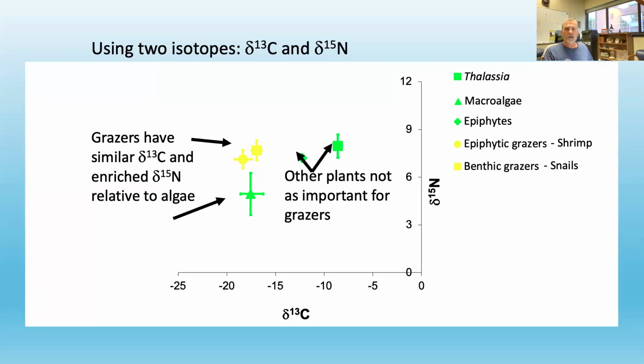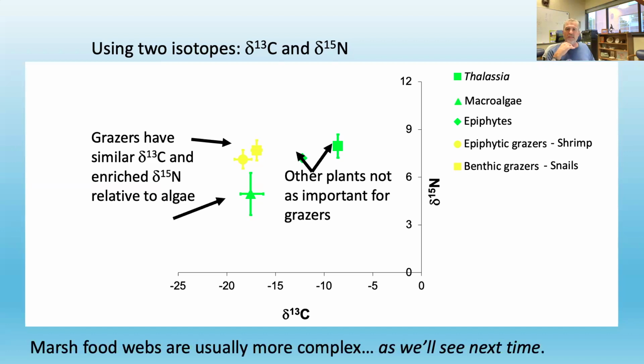Other plants are not going to be as important to these organisms. So the Thalassia itself is not going to be an important source of the stable isotopes because they're actually feeding on the epiphytes that are growing on the plants, right? So we can determine what they're feeding on, again, based on the sources of these stable isotopes.